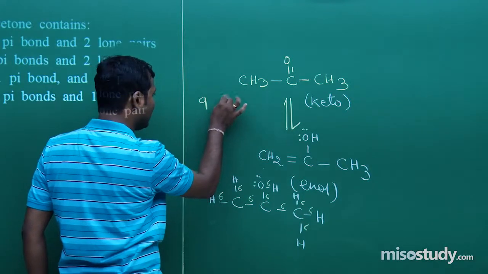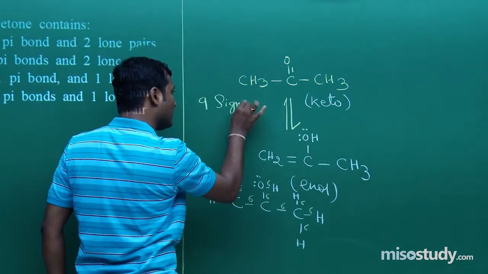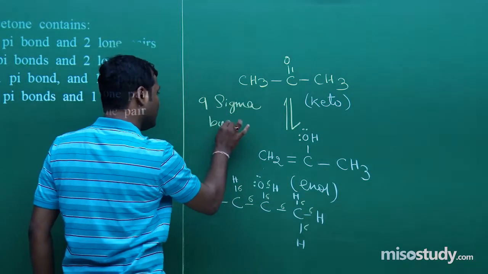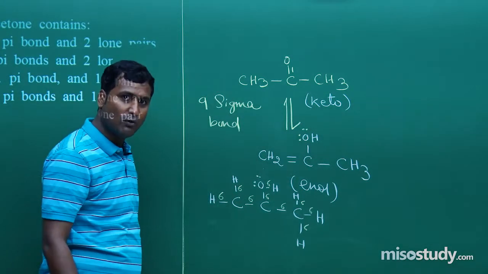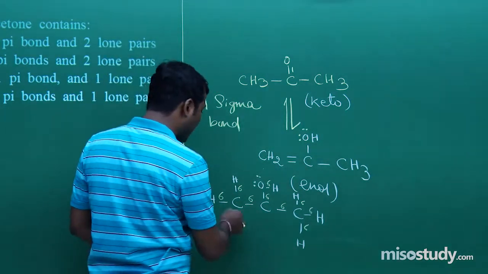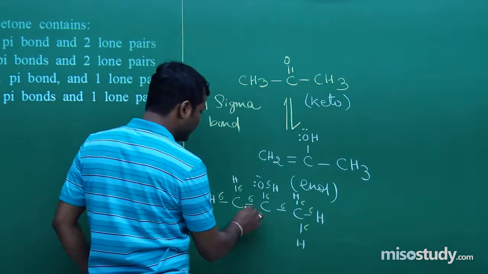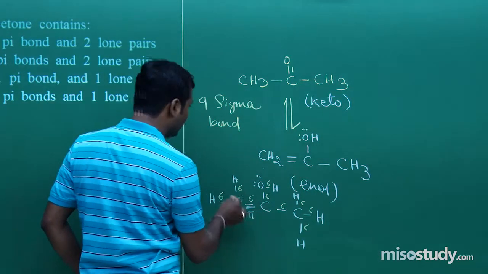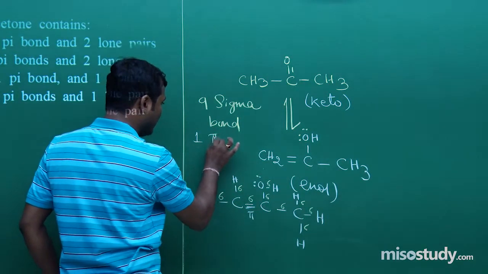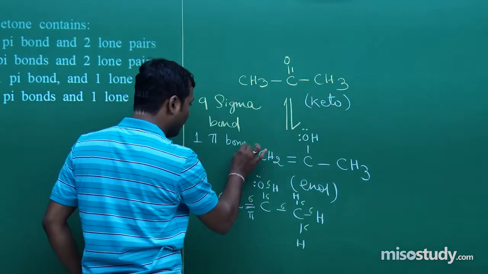We can say that is 9 sigma bonds. Now what about pi bonds? Here at CH2, that is 1 pi bond.